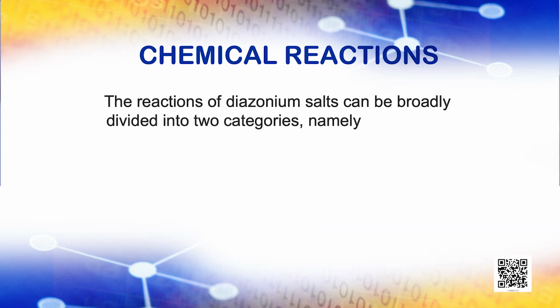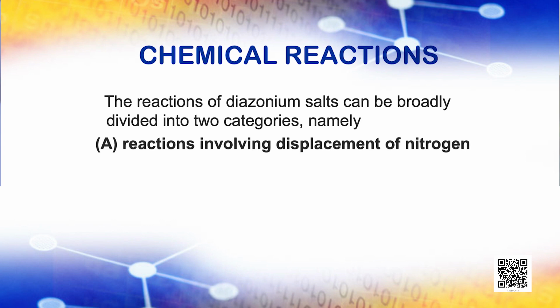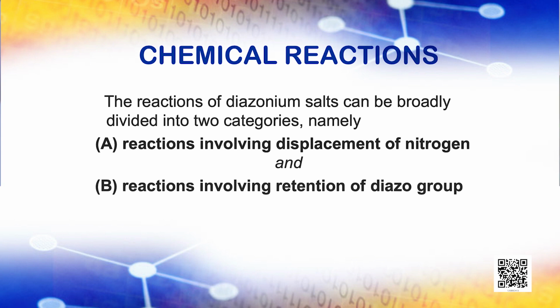The reactions of diazonium salts can be broadly divided into two categories, namely reactions involving displacement of nitrogen and reactions involving retention of diazo group. Let us understand the reactions involving displacement of nitrogen in detail.